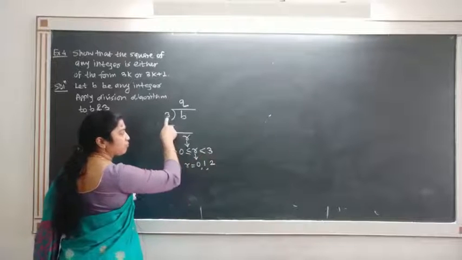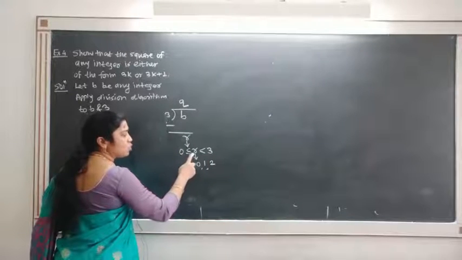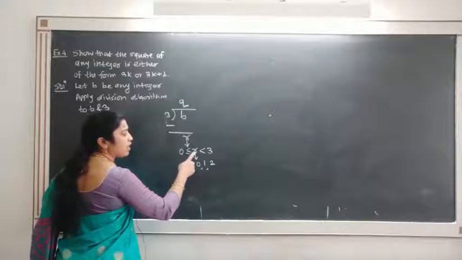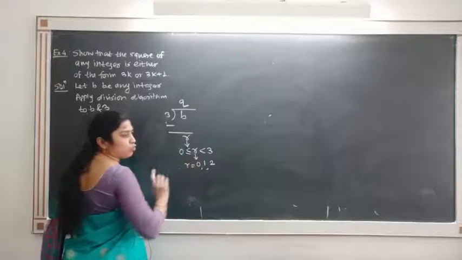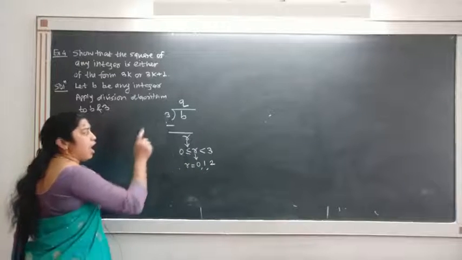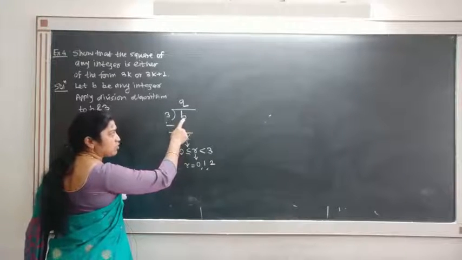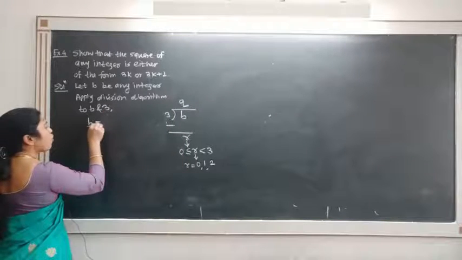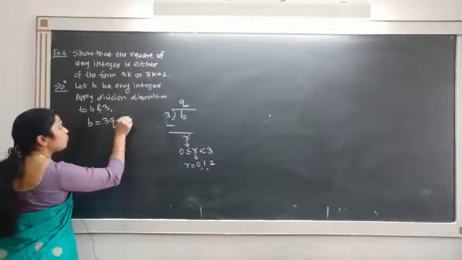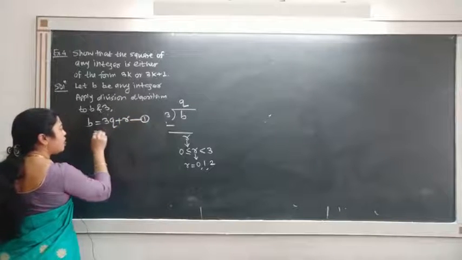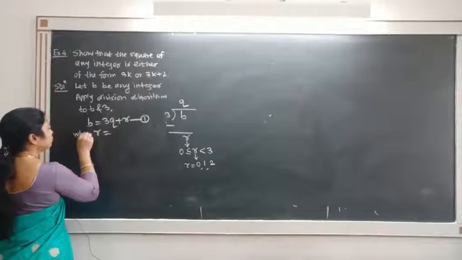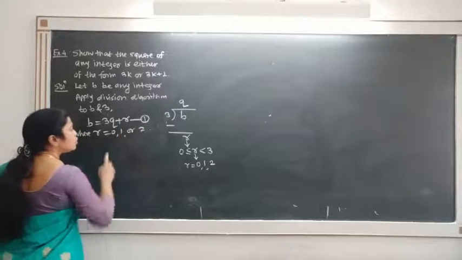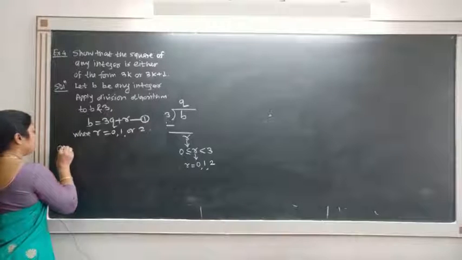So by the division algorithm, we have b is equal to 3q plus r, with r equal to 0, 1 or 2. So consider case 1.